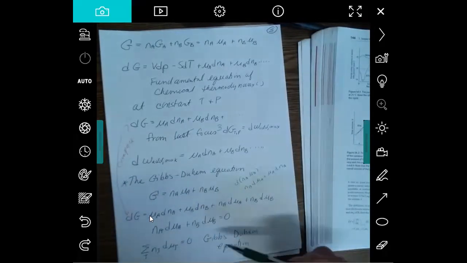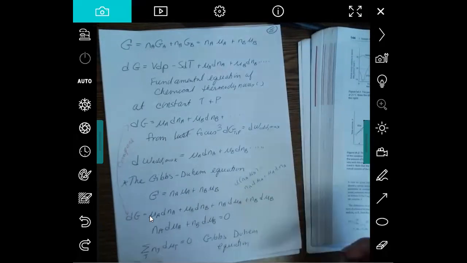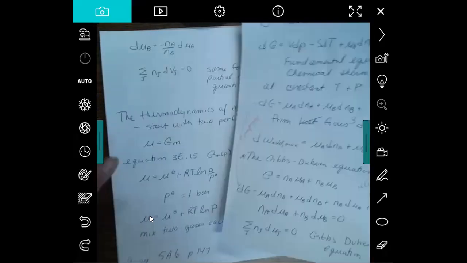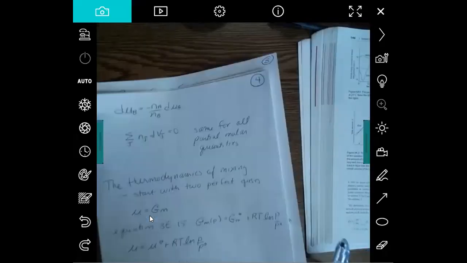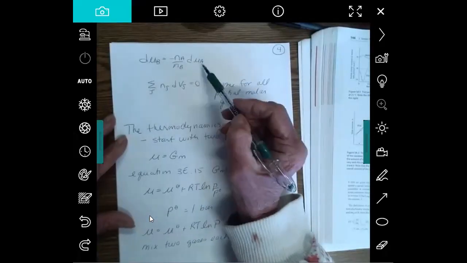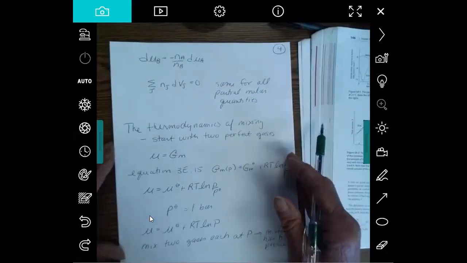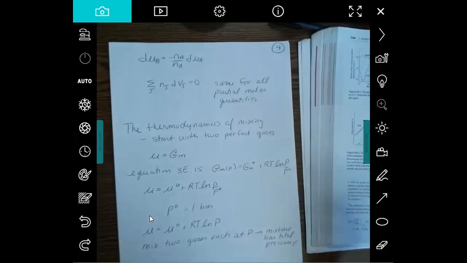And so that is the Gibbs-Duhem equation, where you may have more than 2 components. So it's just a sum over all the components. When you have 2 components, it's easy to see that the chemical potentials of A and B change in relation to each other. So one goes up, the other goes down.